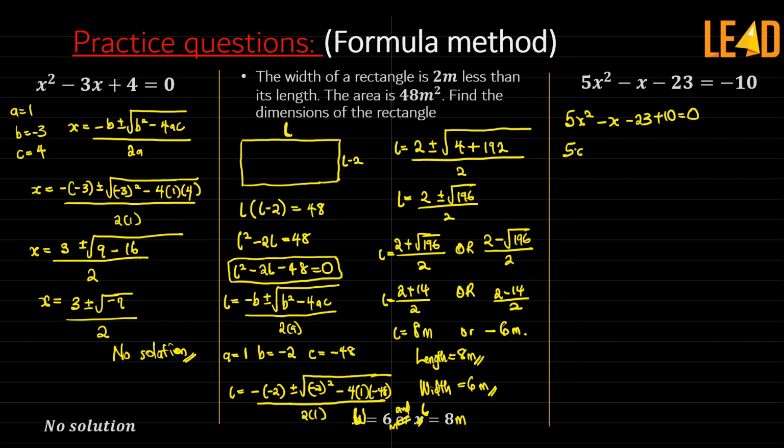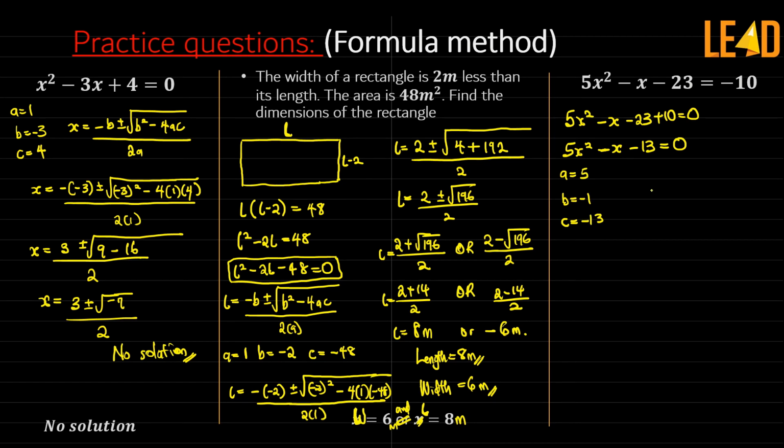So we'd have 5x squared minus x minus 13 is equal to 0. So a is 5, b is minus 1, c is minus 13.